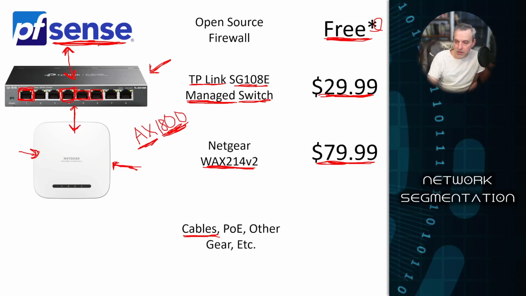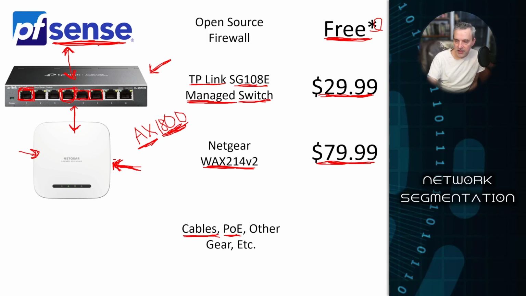And I also needed a PoE injector for this guy. I used a separate PoE injector on my access point rather than using the PoE switch because I wanted to isolate it from that IoT network and also bring it back into this switch right here. Plus, the power demands of this device are significantly higher than the cameras, and I don't think my PoE switch would have handled this device and both cameras at the same time.